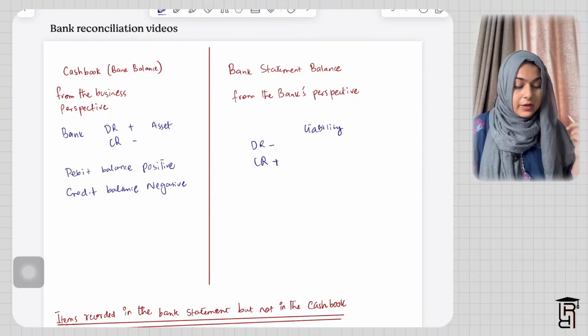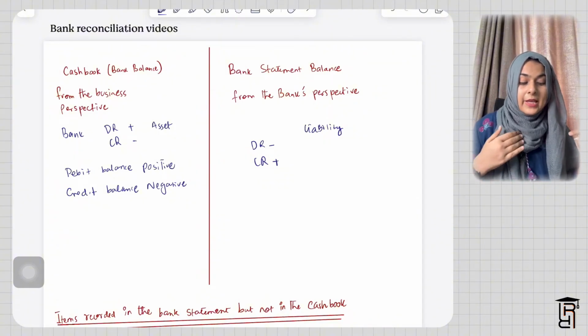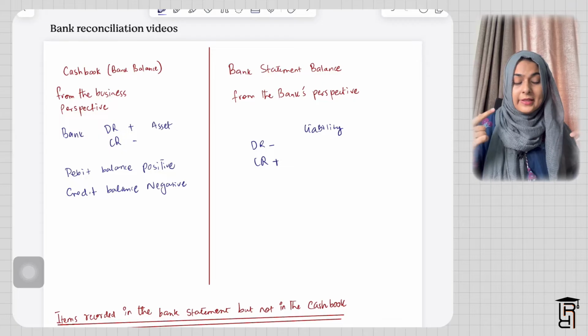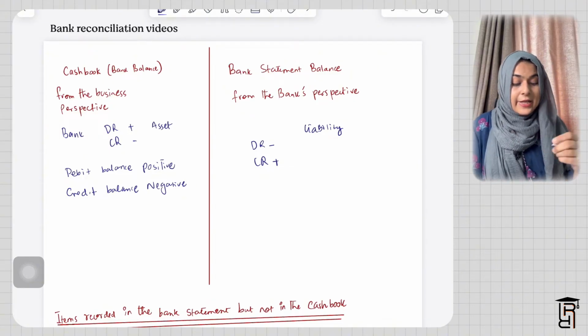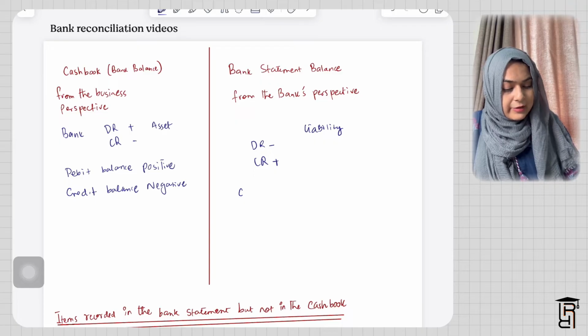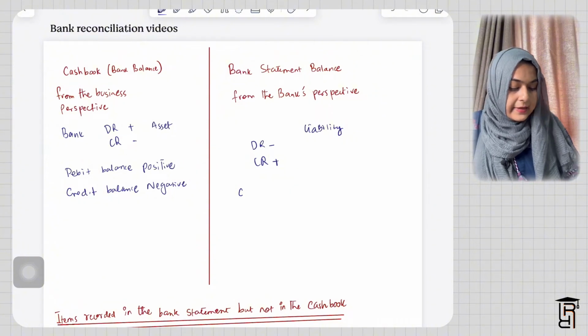So for the bank, our business account is a liability, and it increases on the credit side and decreases on the debit side. That means a credit balance on the bank statement is a positive balance, and a debit balance on the bank statement is a negative balance.